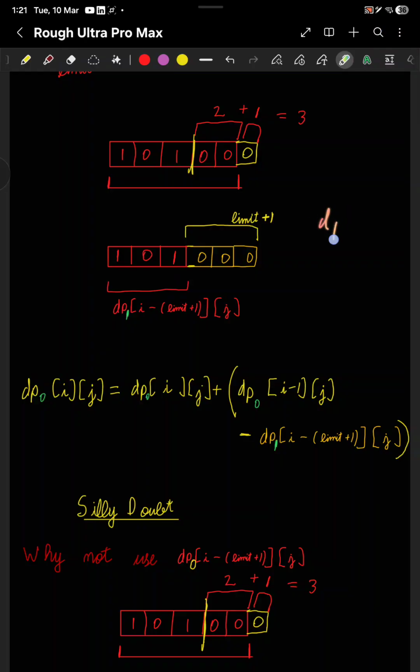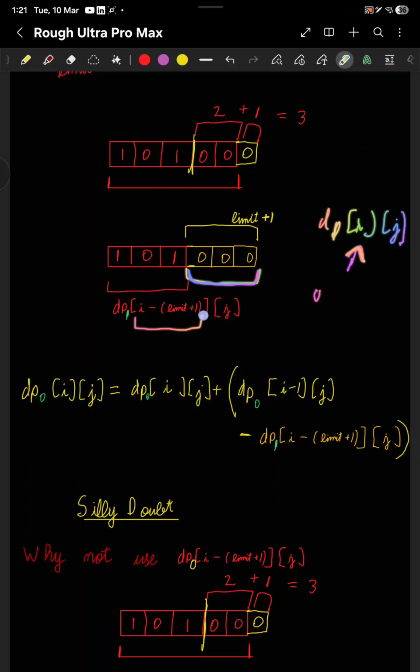Our dp of i comma j had i zeros. So what if we concentrate limit plus 1 zeros at this position? What are we left with? We are left with dp of i minus (limit plus 1) zeros.